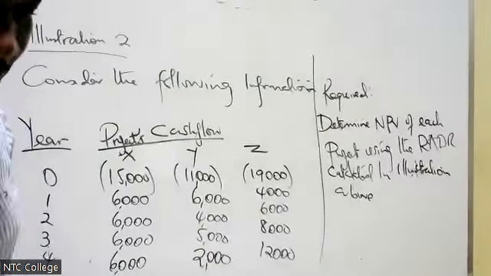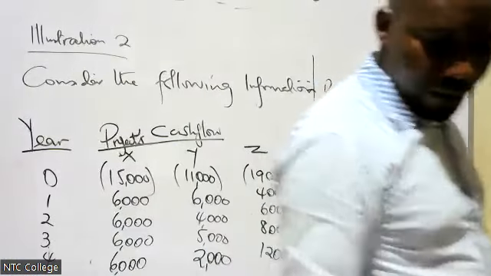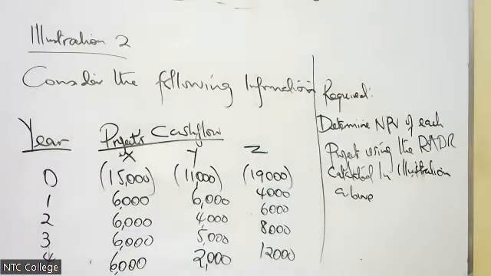I want you to try, and then you let me know where you have reached. Try the first one, X. Determine the NPV of each project using the RAD calculated in illustration 1 above. You know it, 15%, right?